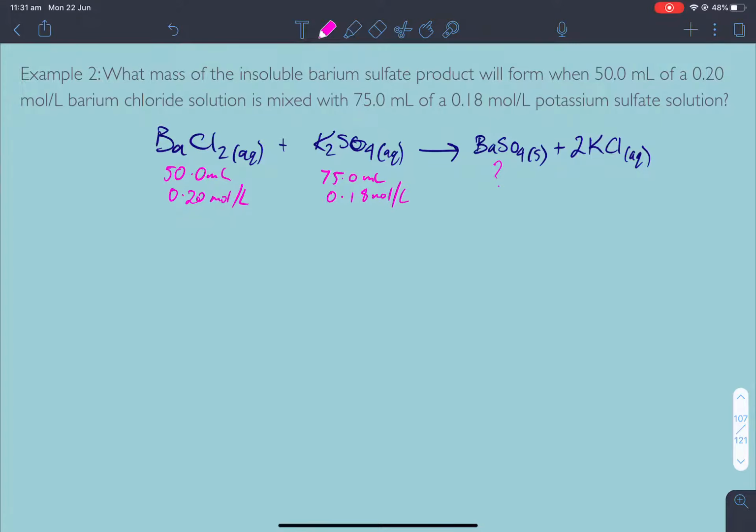Okay, we've got a limiting reagent problem. How much is going to be formed? Well, we need to find out the number of moles of each. So I'm going to draw a line down there.